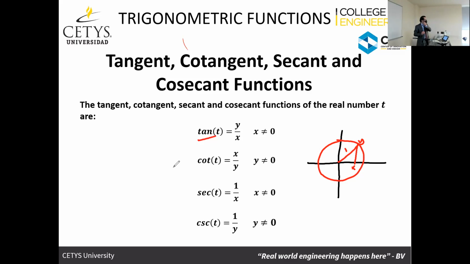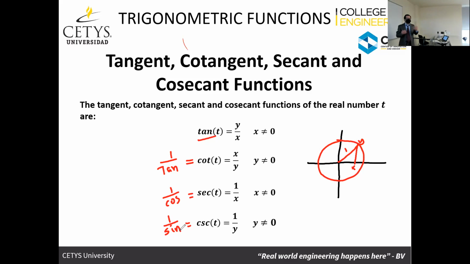Again, these aren't the inverse; these are the reciprocal functions. We've got the secant, cosecant, and cotangent. Cotangent is the same as 1 divided by tangent, secant is 1 divided by cosine, and cosecant is 1 divided by sine.